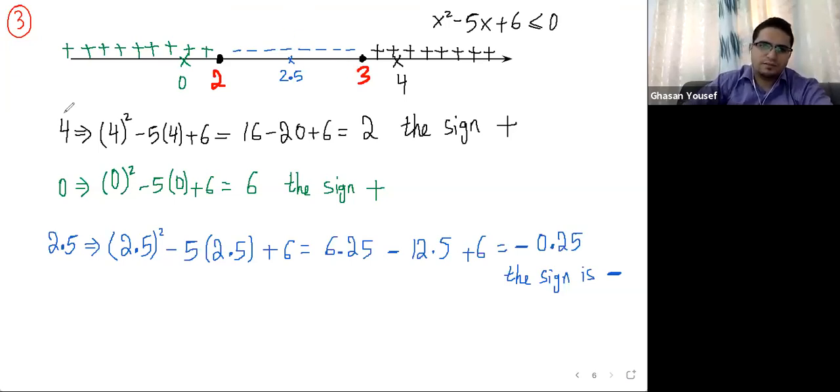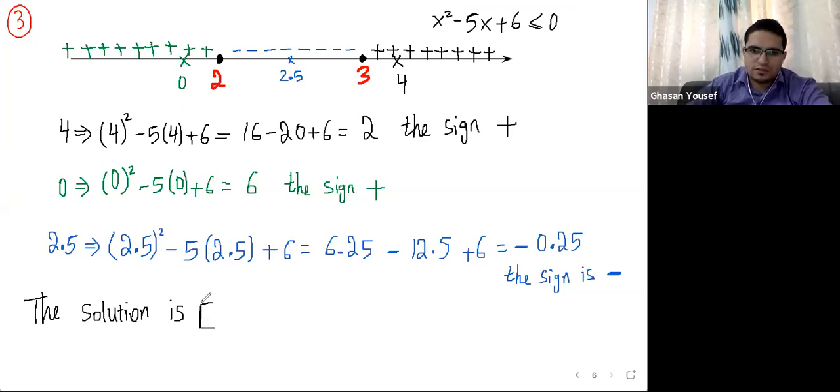So the solution is closed, because here we have equal. Also 2 and 3 satisfy this inequality, because we have equal to 0.